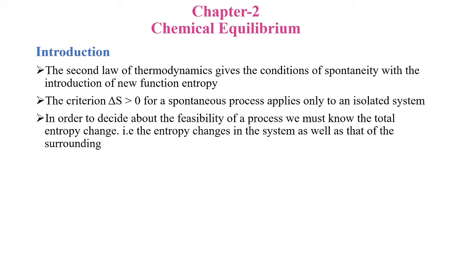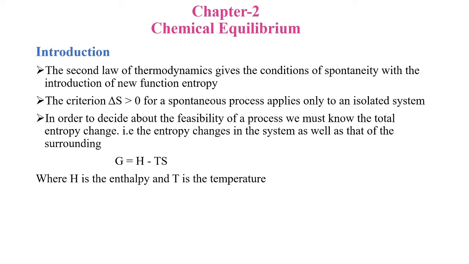Hence, a new thermodynamic function, that is the Gibbs energy or free energy, is introduced, and this Gibbs energy is defined as G is equal to H minus TS, where H is the enthalpy and T is the temperature.